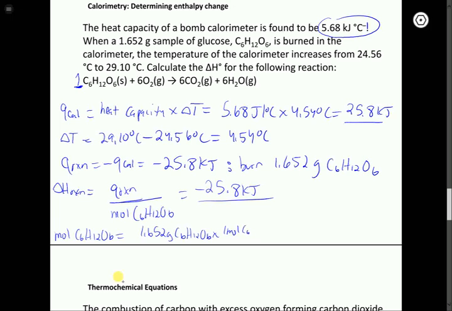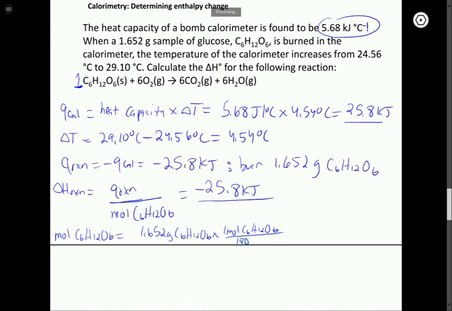One mole. Now, we didn't give you the molar mass here, but we can calculate that quite easily. The molar mass of glucose is 180.2 grams per mole.